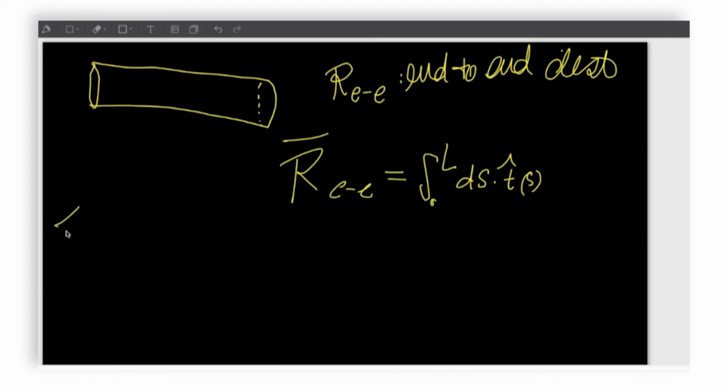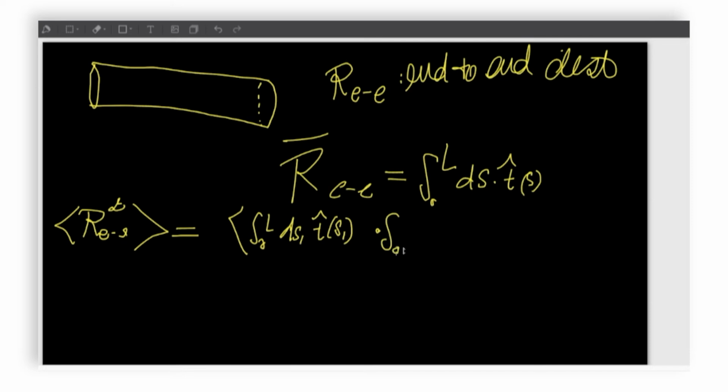Then the average squared end-to-end distance for such a rod can also be written as the integral over length L, ds1 for some segment s1 times the unit vector of the tangent at that position, integrated over the same thing for the second segment.